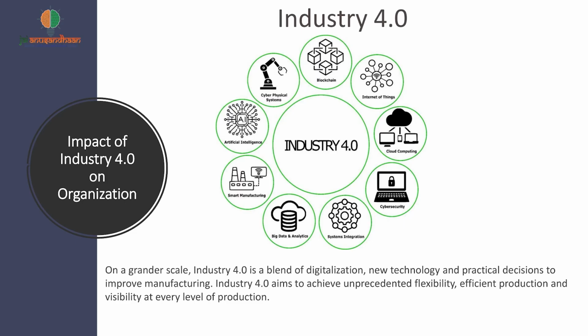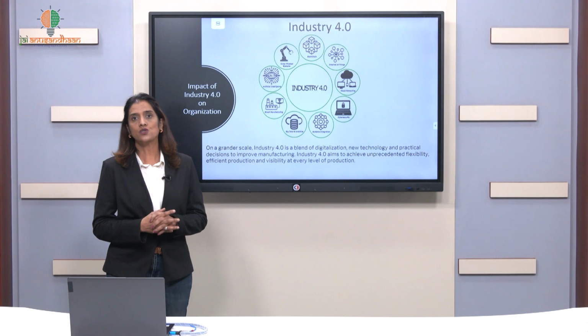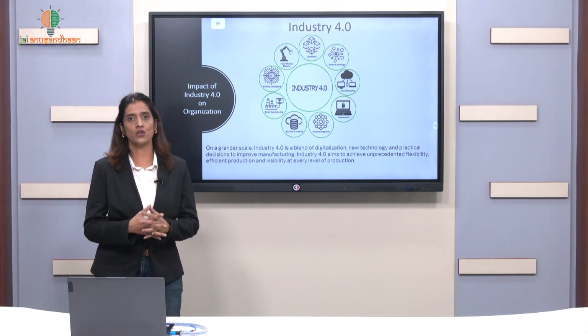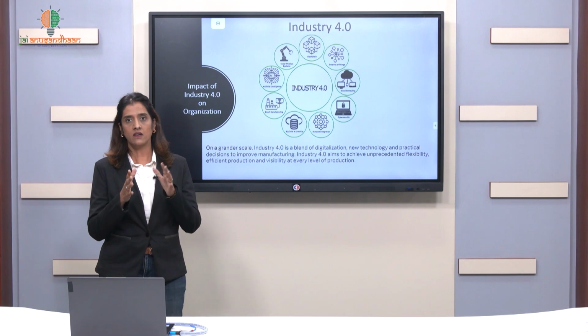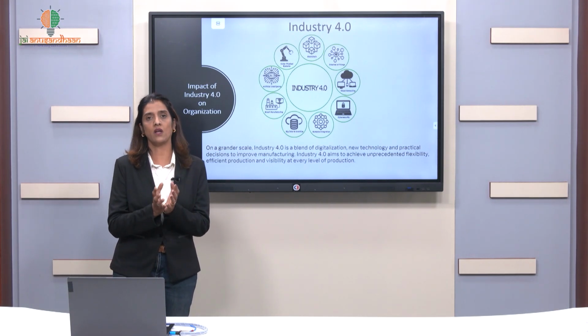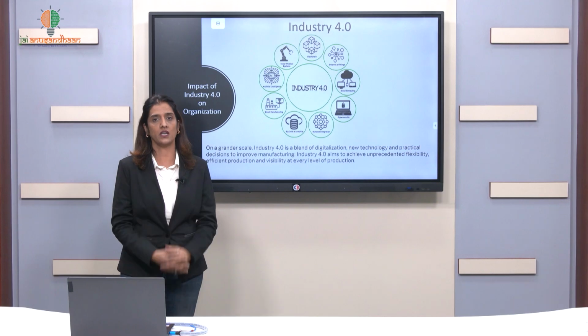It consists of blockchain, cyber security, artificial intelligence, big data analysis, system integration and cloud computing. So this is the digitalization and revolution of the industry, and as we move forward, we will see just a small segment out of Industry 4.0, which is the Internet of Things.